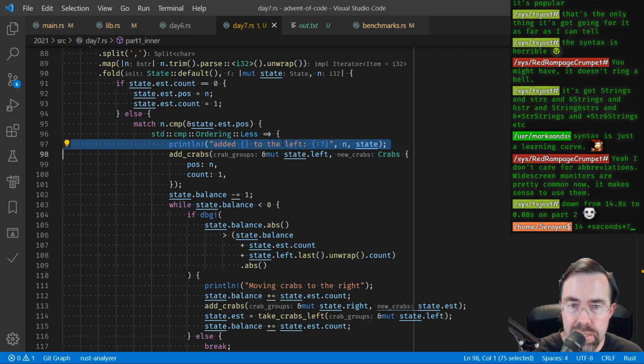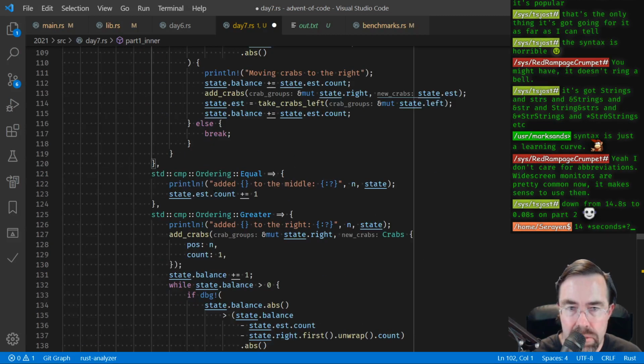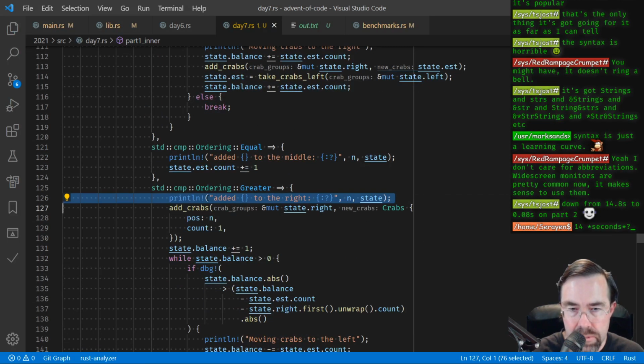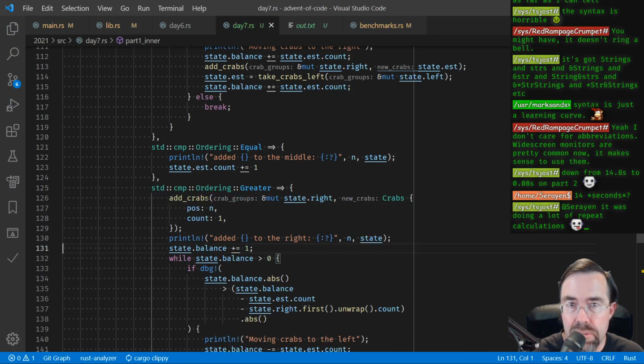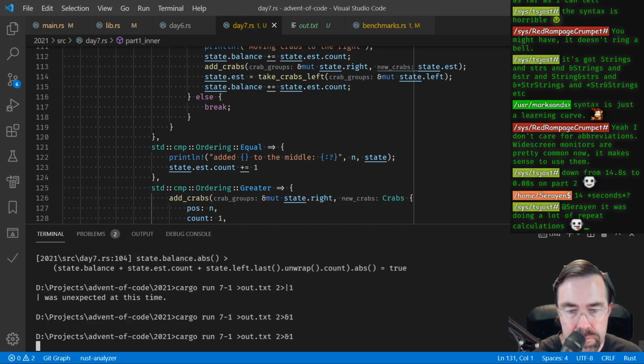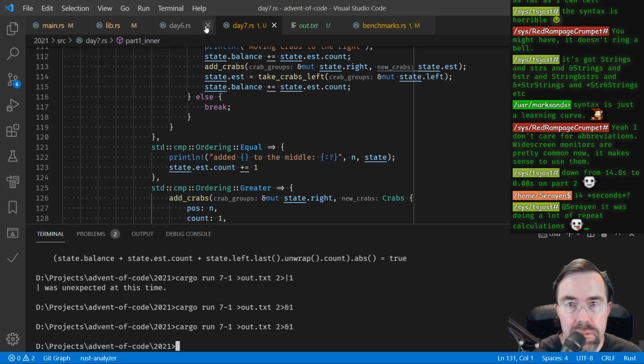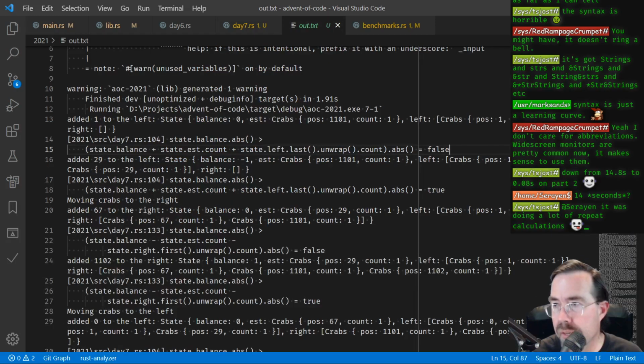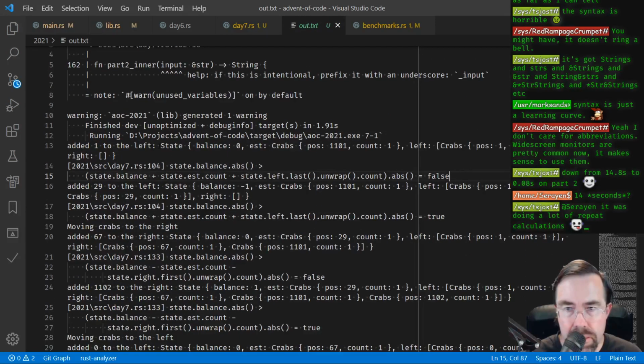So I should do that there, and do that there, and run this again. All right. Look at it again. Added 1 to the left. Sure. Added 29 to the left. There it is. Balance is -1.